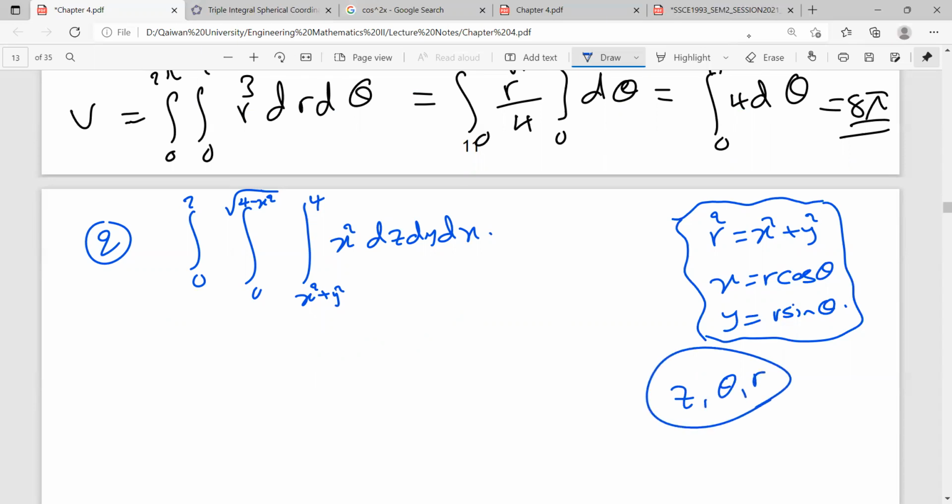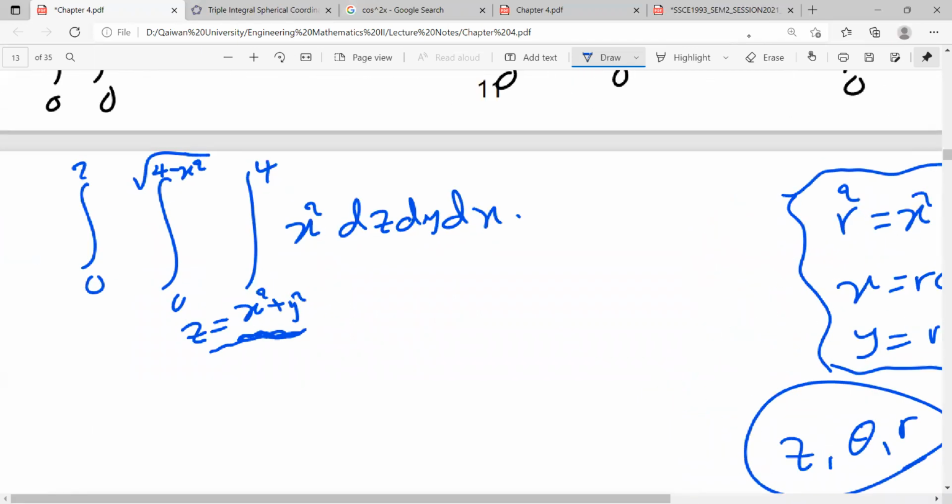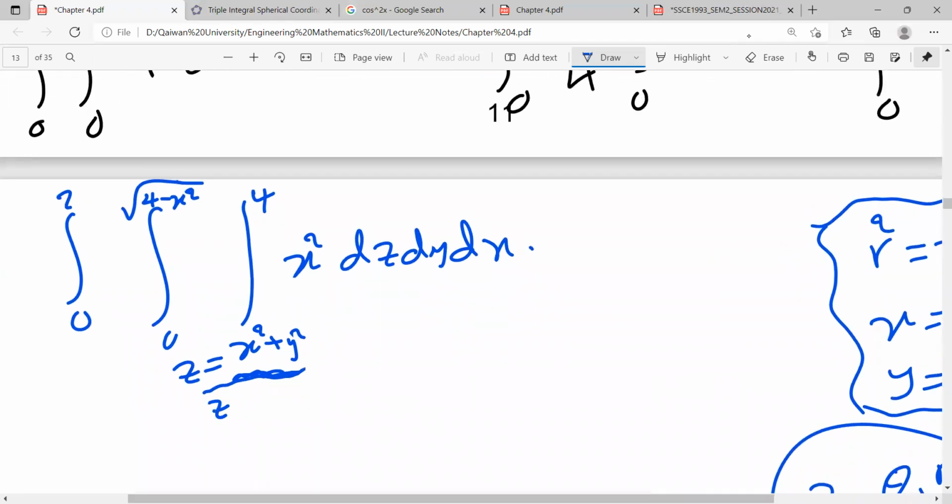Here, we have z equals x squared plus y squared to 4. 4 is constant. We don't care about that, and it's okay to be 4. But in the lower limit, we have z equals x squared plus y squared.